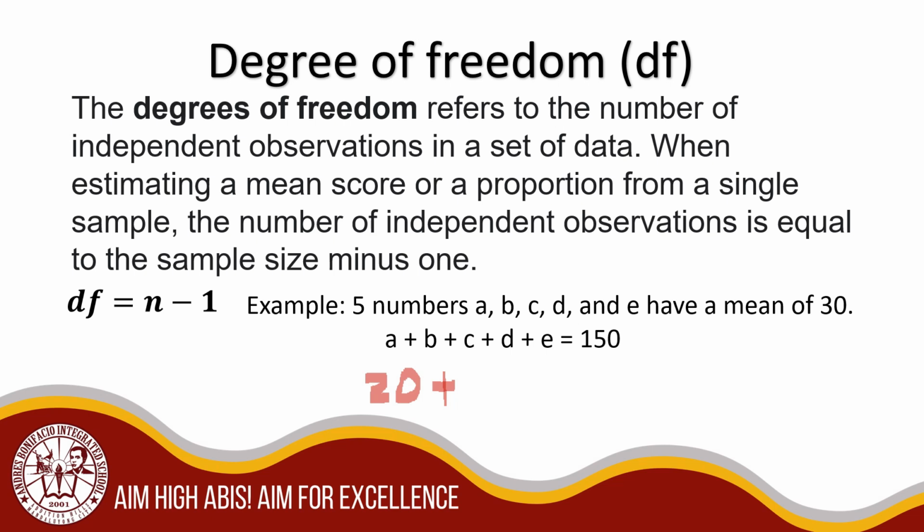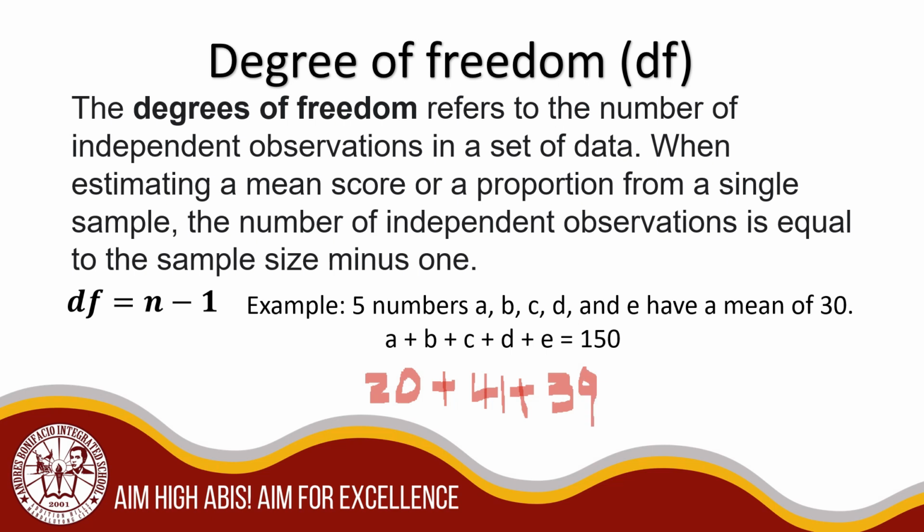So let's say maglagay tayo ng 41. Okay? And then for letter C, independent pa rin tayo. We are free to choose any number for letter C. So let's say we have 39.